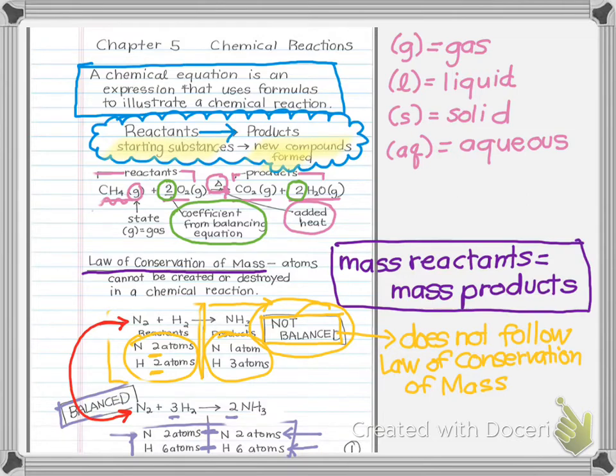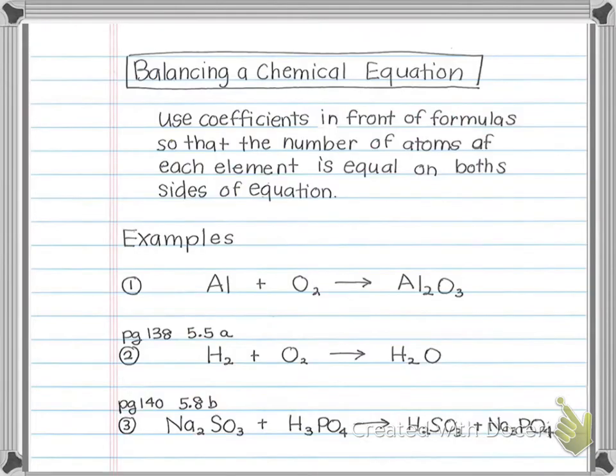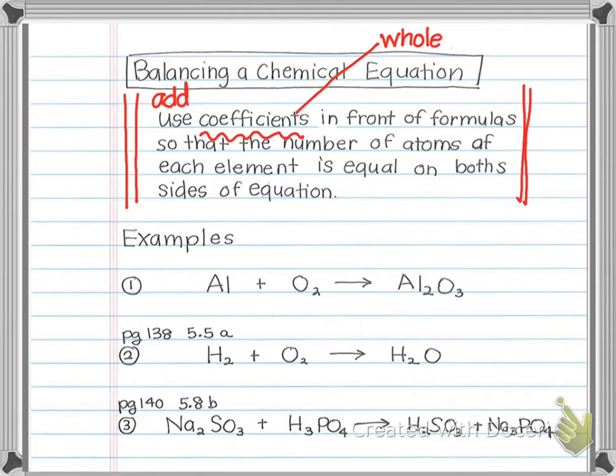So how do we balance? Basically, when balancing a chemical equation, there's very little we can do. There's only one thing we can do, and here are the rules. We're going to use, or you could think of it as add, coefficients. So coefficients, if you remember from the previous page, are going to be whole numbers.